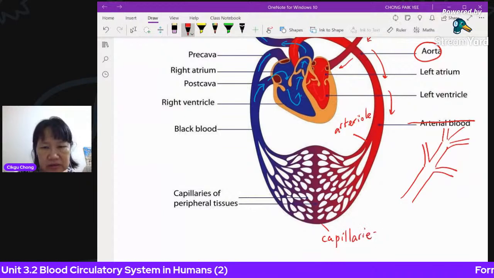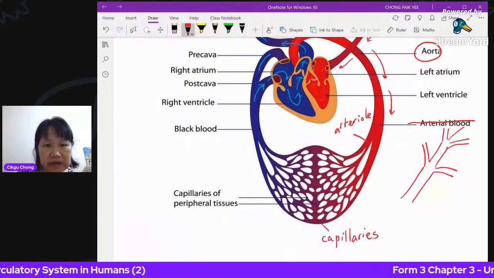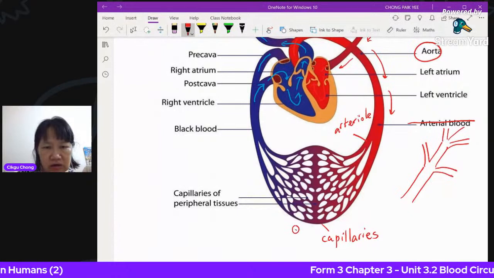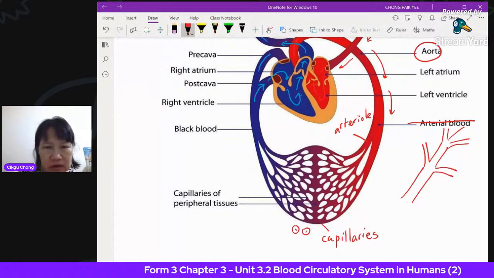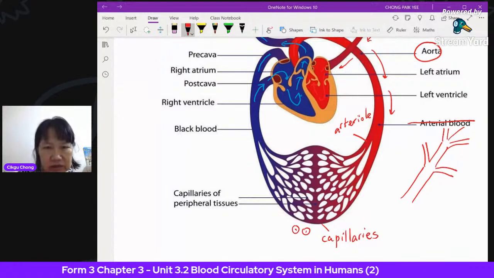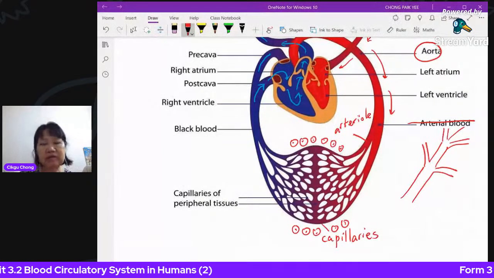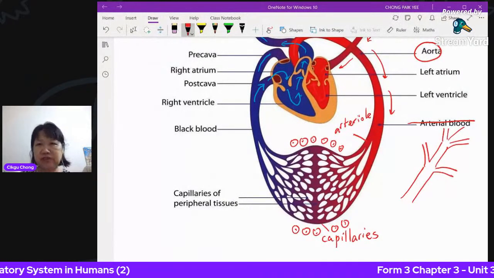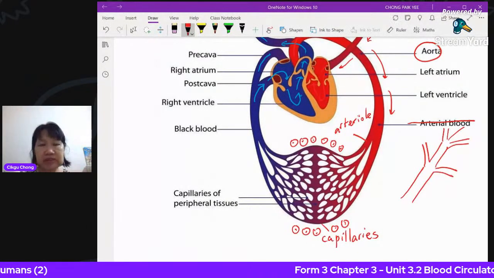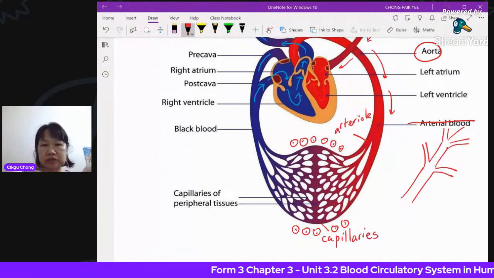And here is where you have your body cells. All these body cells are ready to absorb oxygen. The capillaries are very, very many, they draw so many there.